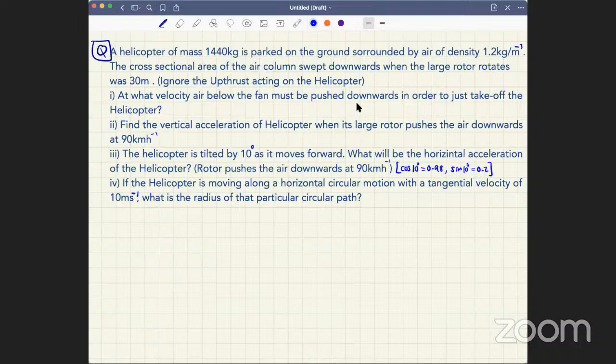Tan 10 was 0.18. We'll make it 0.18. Tan is also almost the same. Sin theta and tan theta we'll take as equal. They will be almost equal.